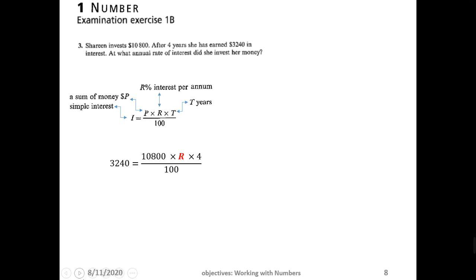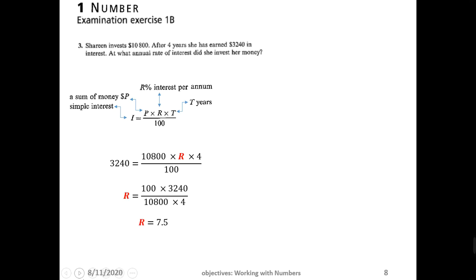So the 4 and 10,800 are going to be my denominator, which makes the 100 times 3,240 my numerator. So this is my R. Use the calculator to calculate, and your rate of interest is going to be 7.5.